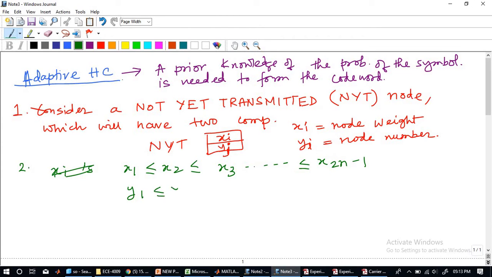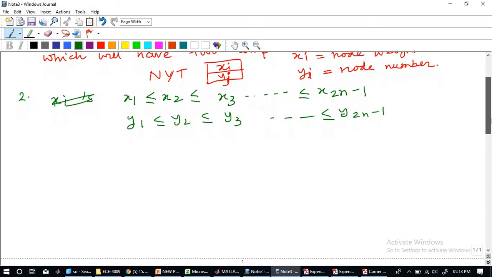Y1 similarly will be less than Y2 less than Y3 less than or equal to Y of 2n minus 1, where n is the number of symbols which are available. Again, don't come to a conclusion about what these are, just write for the time being. We'll come to all this later. So this is the second one.